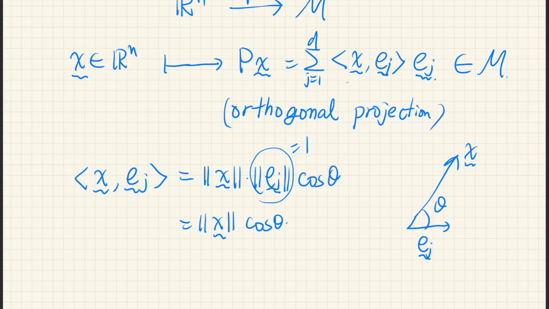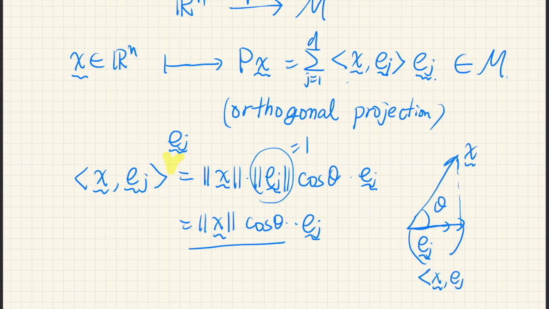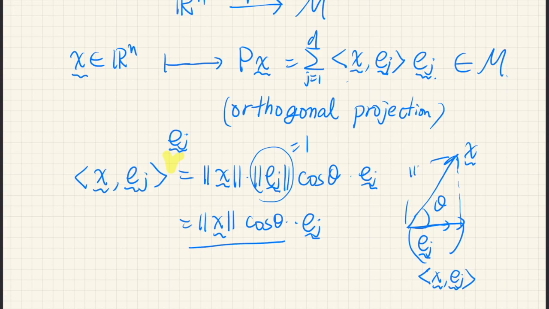Now let's multiply this with the e_j vector. The magnitude of this vector is this. The length of this x vector is the norm of x, and if we multiply by cosine theta, then if we draw this right-angled triangle, this length is this inner product.